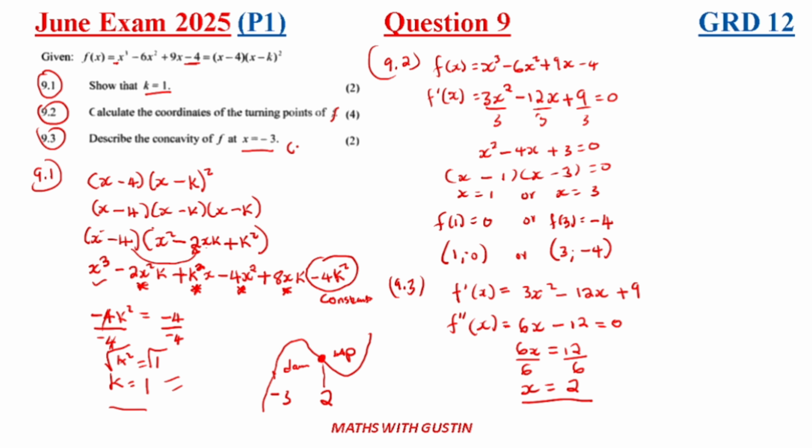We can say concave down, because this value is less than the point of inflection. So this simply means if it was greater than the point of inflection, we would say concave up. Right. So I hope you guys get it. So let's move on to the next question.